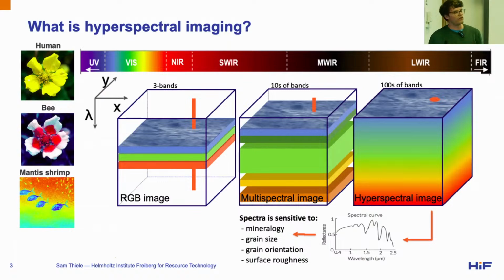If you push that to the extreme, you come to what we call hyperspectral data. So this is where you have a camera which acquires typically hundreds of separate bands. The camera we've been using here has about 400 bands, and these are very, very narrow bands and closely spaced, so that you end up acquiring what you can see in the bottom right here, a spectrum for every single pixel.